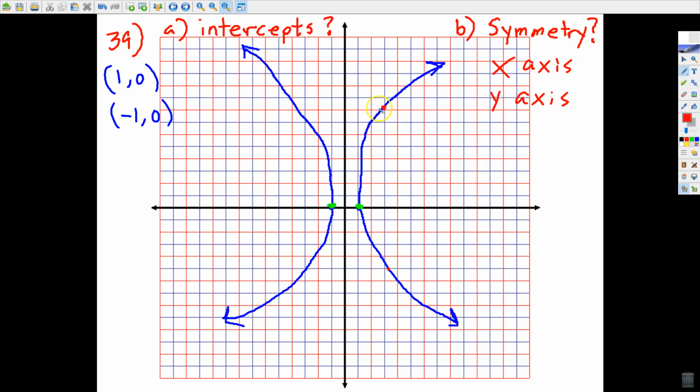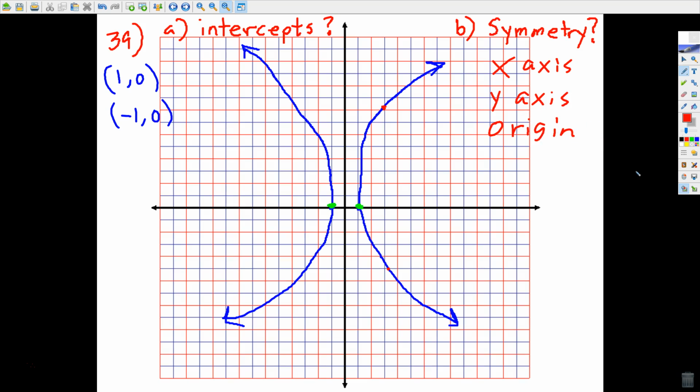And then once more, if you just pick a point, we'll say 3, 2, 4, 6, 8. Then if it has origin symmetry, the point negative 3, negative 8 should also be on the graph. I just changed both of the coordinates. And it looks like, again, if this were a perfect graph, that would be the case. So this particular graph has all 3 types of symmetry.